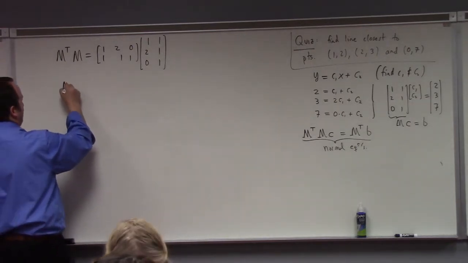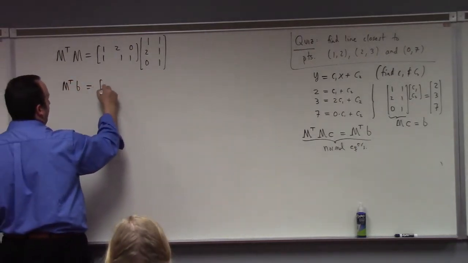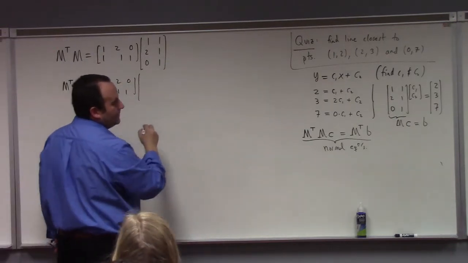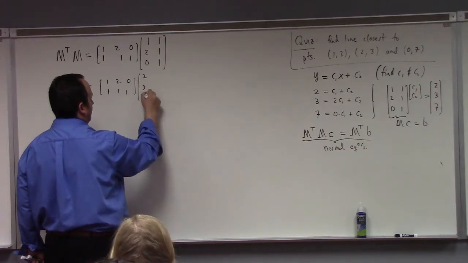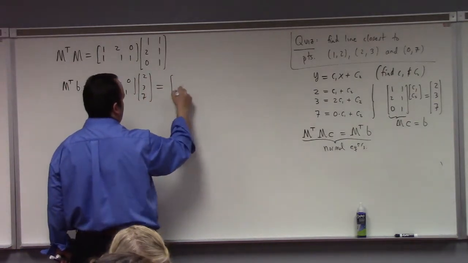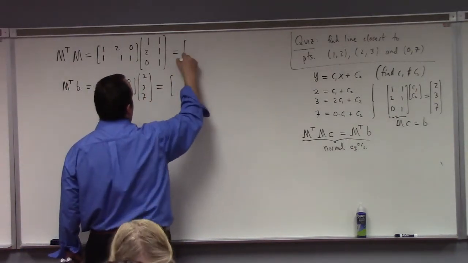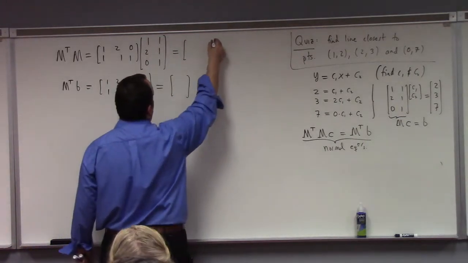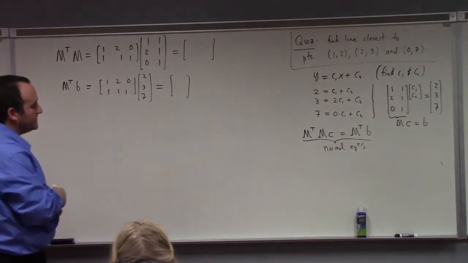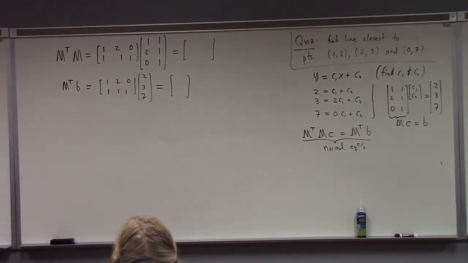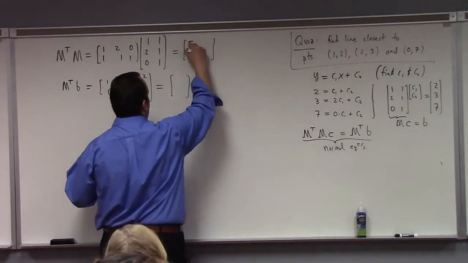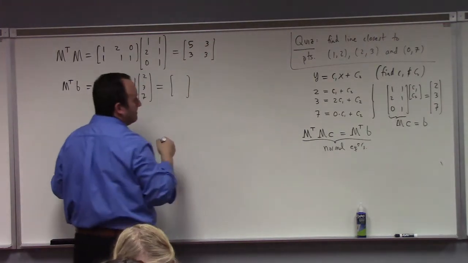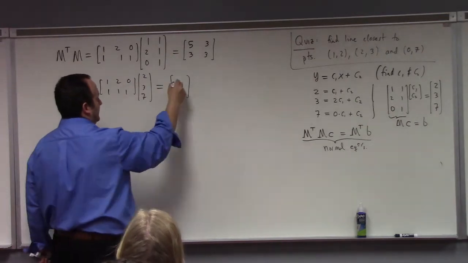And what's M transpose B equal to? So what do you guys get? Can you work it out? 5, 3, 3, 3. And this one? 8, 5. All right, so look at that.